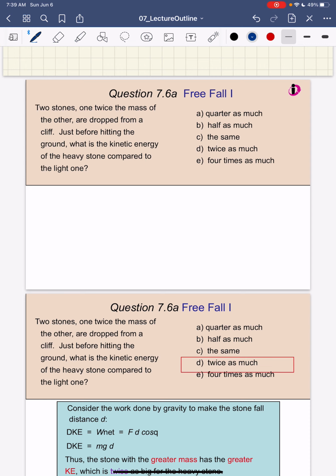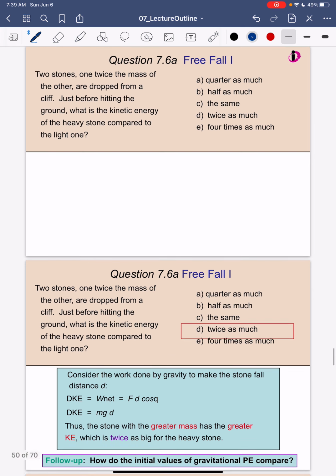Now, the kinetic energy is based on the mass and the velocity. And because the velocity is going to stay the same, but since the mass of one of them is double the other, then the heavier is going to have twice as much.